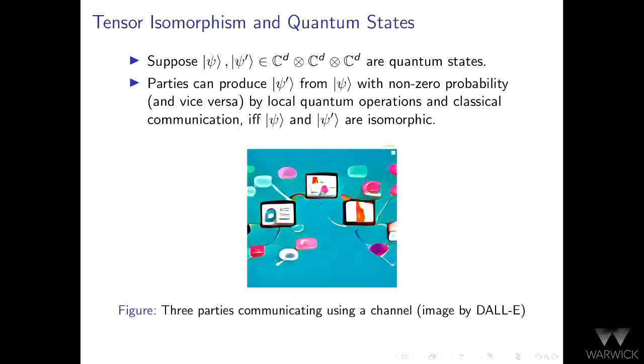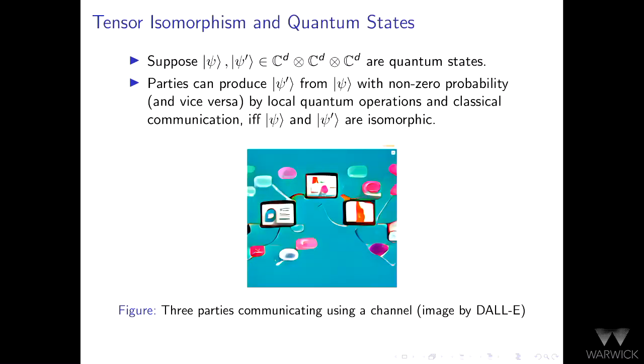The parties can produce the state psi prime, starting from the state psi, by local quantum operations and classical communication between the parties of their results, if and only if these 2 tensors are isomorphic in the sense that I just described. This notion of local operations and classical communication has been studied in the physics literature and is also a notion that experimentalists care a lot about, and it is related to this mathematical notion of tensor isomorphism.